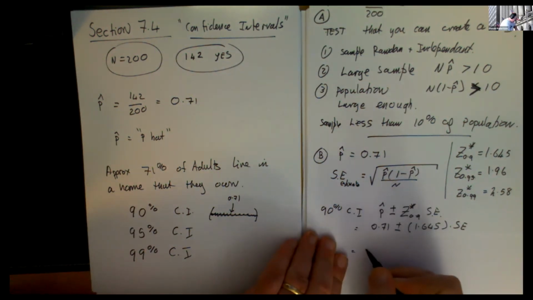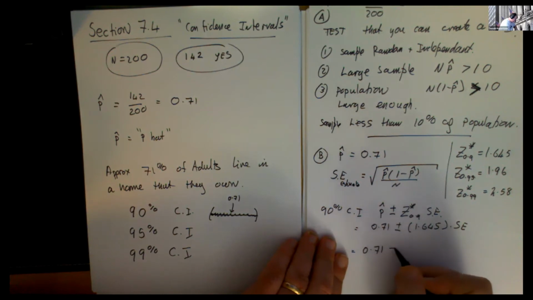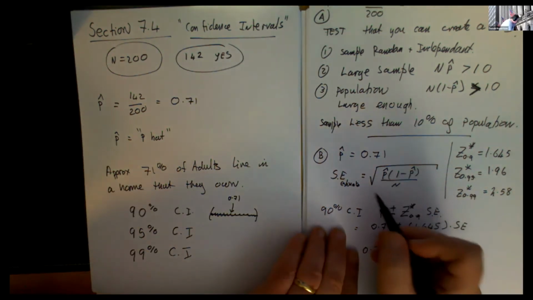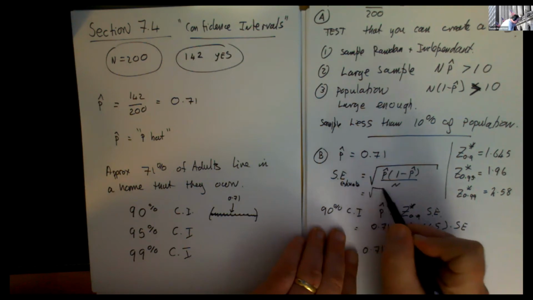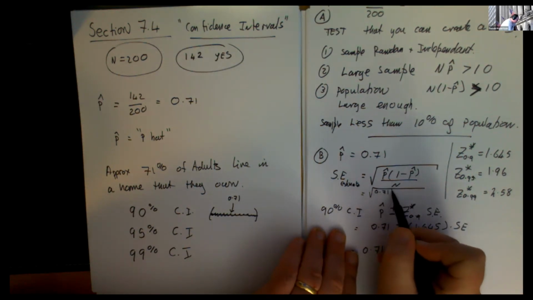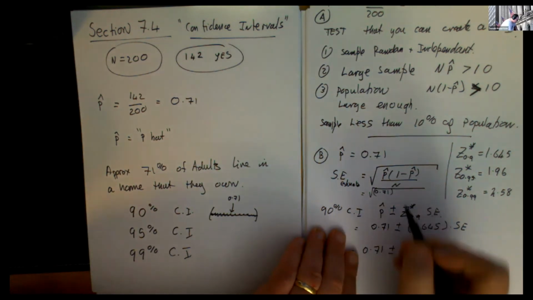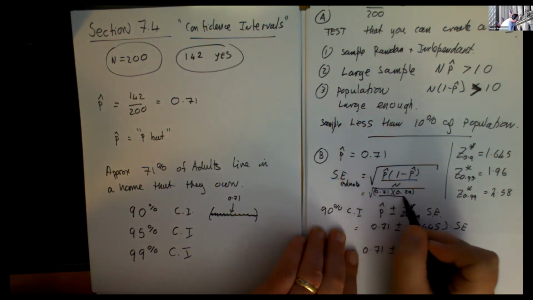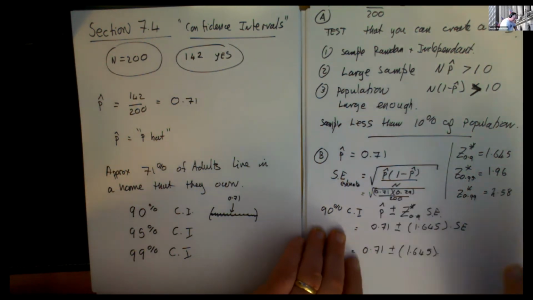The standard error is p hat, 0.71, times 1 take away p hat, which is 0.29, and the whole thing is divided by 200.